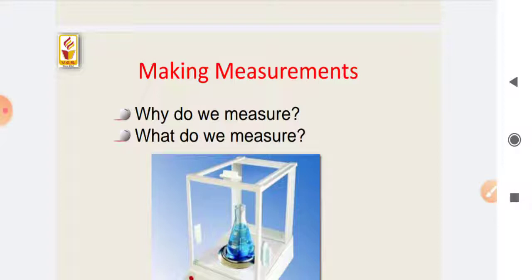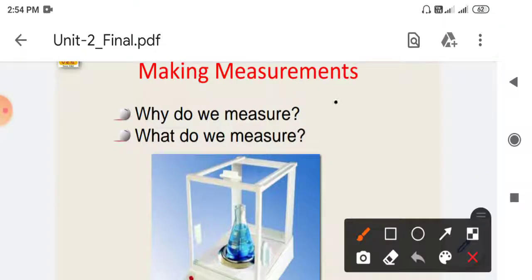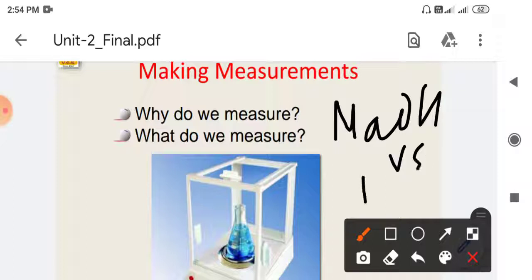Okay, and in order to standardize the given base, suppose NaOH versus HCl standardization is there. Suppose I am having NaOH versus HCl standardization, or HCl volumetric estimation. There I need to standardize this NaOH in order to find out the exact normality of the HCl.